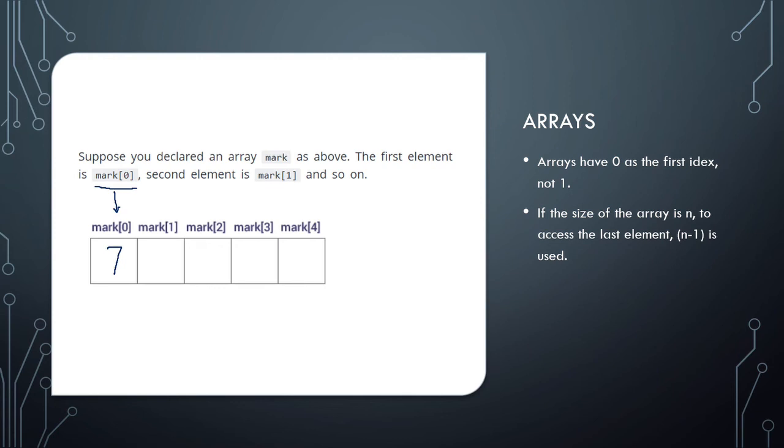So this array, when it's declared initially, might look something like this. We could call it an integer. And then we know that the label given to this array is mark. So we'll get that written out. And then this array contains 5 values, so we would put our 5 in our brackets.